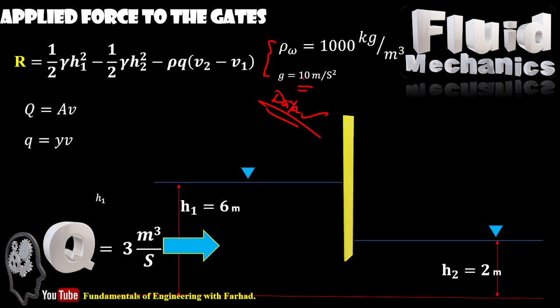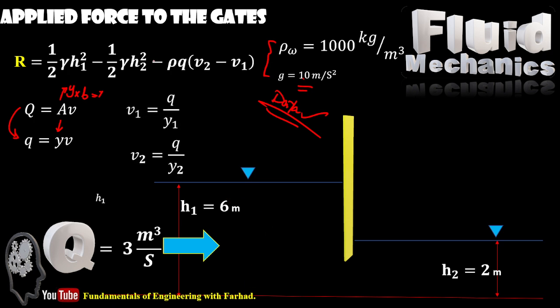So then Q is A times velocity. Likewise, discharge for unity, A is Y times B. If B is 1, A becomes Y, the depth of water.